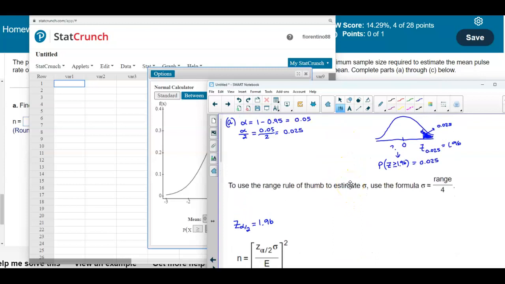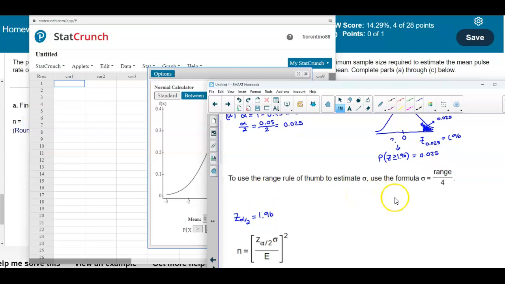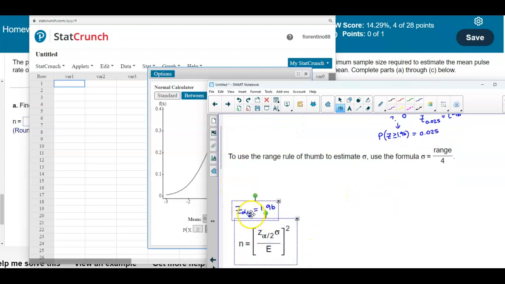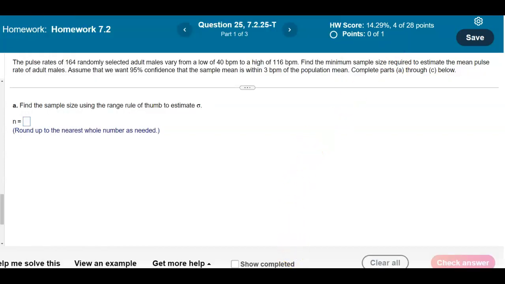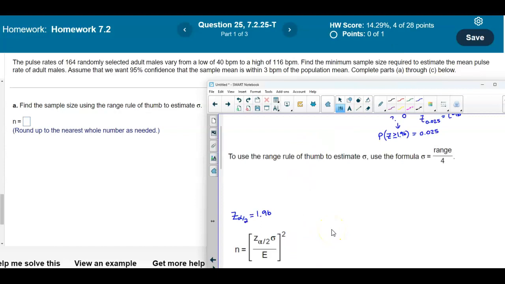Now we want to find the population standard deviation. In this part, we use the range rule of thumb to estimate it, with the formula where the population standard deviation is equal to the range divided by 4. The first sentence tells us the pulse rates vary from a low of 40 beats per minute to 116 beats per minute.